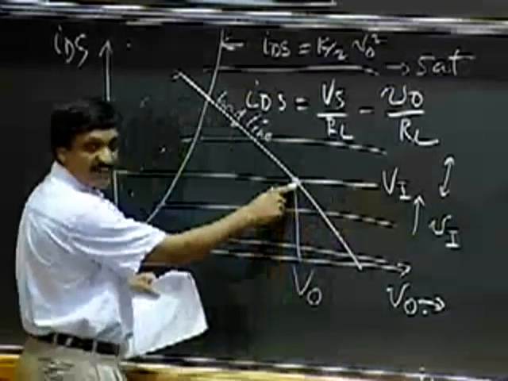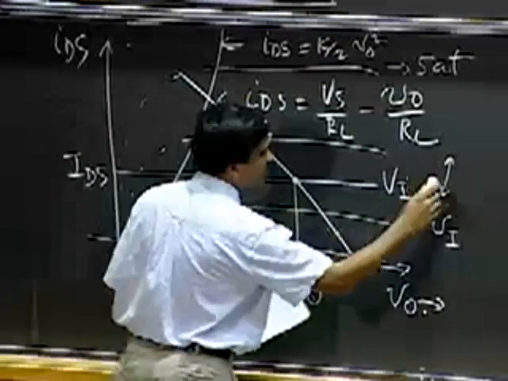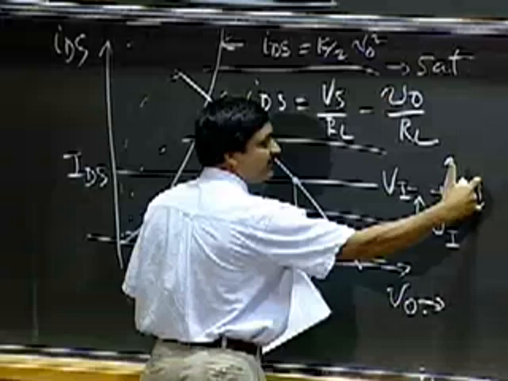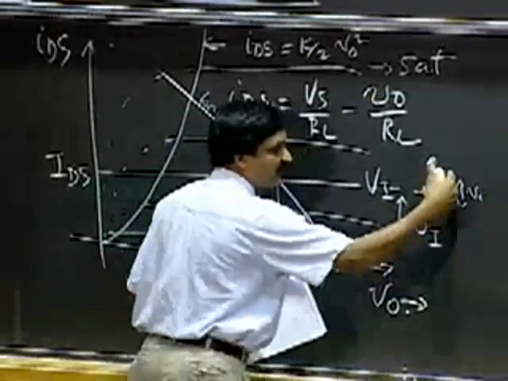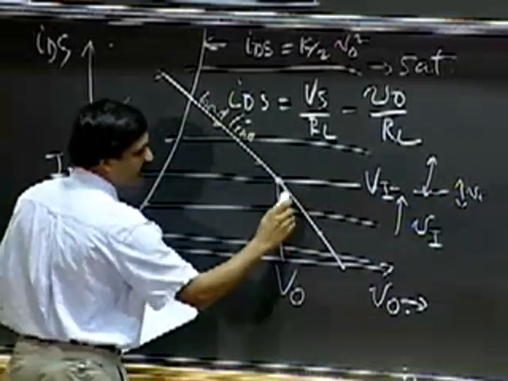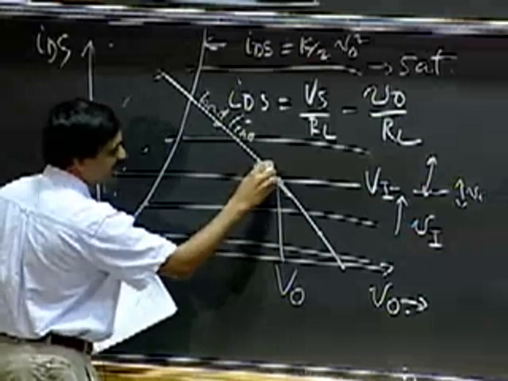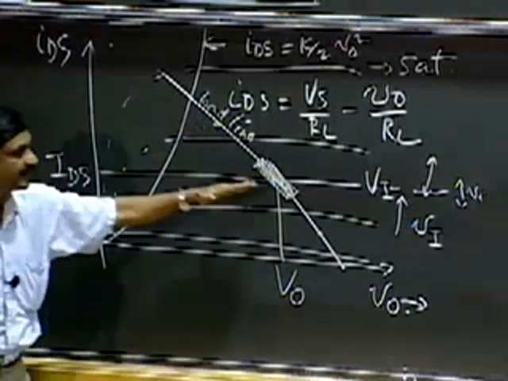So if I varied my input voltage VI about this operating point, if my small signal VI varied about a small range, then correspondingly, the output value would vary about this part of my load line.